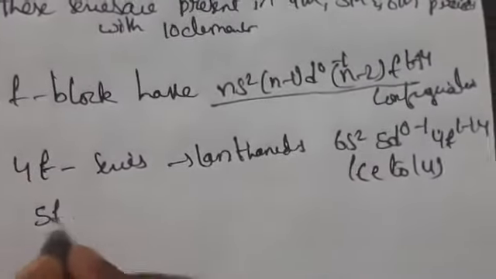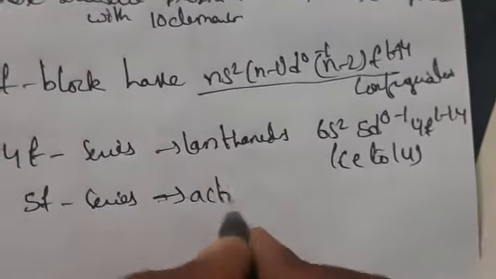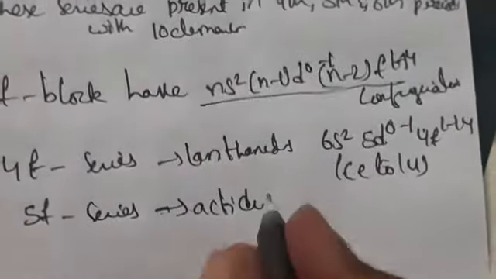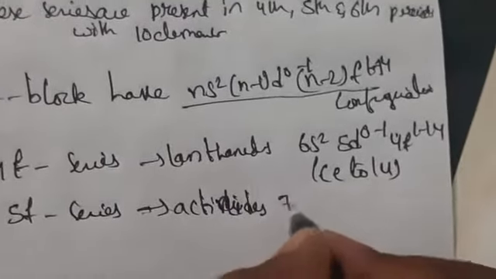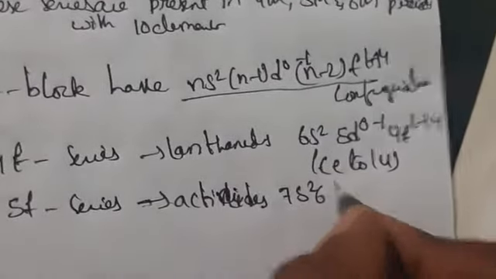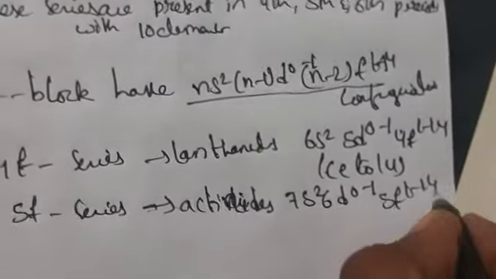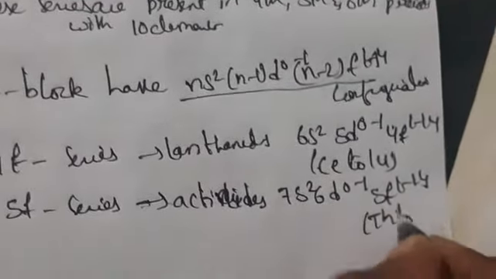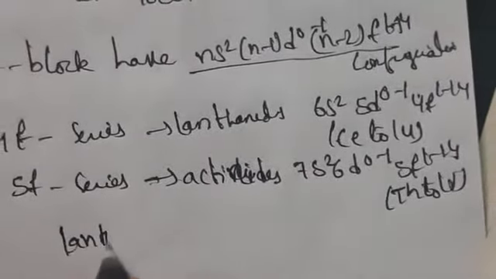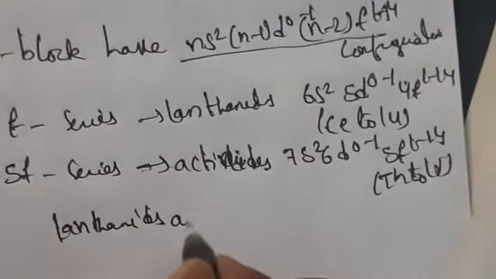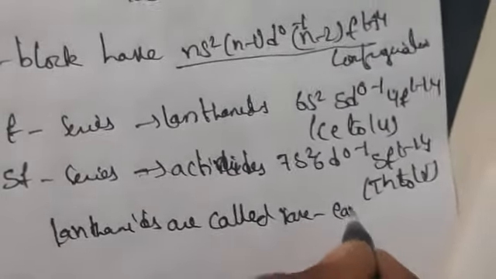Coming to the 5f series, it is called the actinide series. It will be at the bottom of the periodic table, if you have observed, and the general configuration will be 7s2 6d 0 to 1 5f 1 to 14, from thorium to lawrencium. These lanthanides are called rare earth metals.